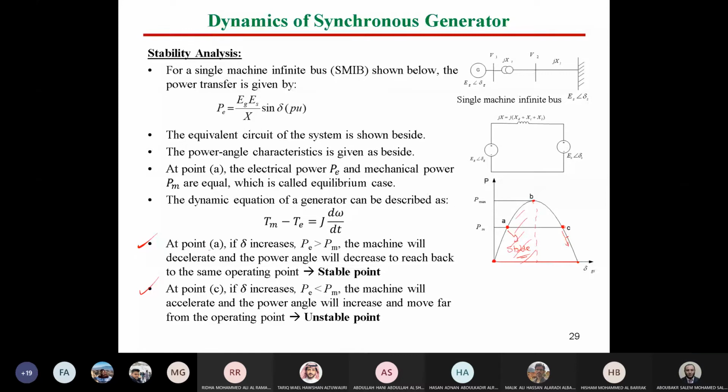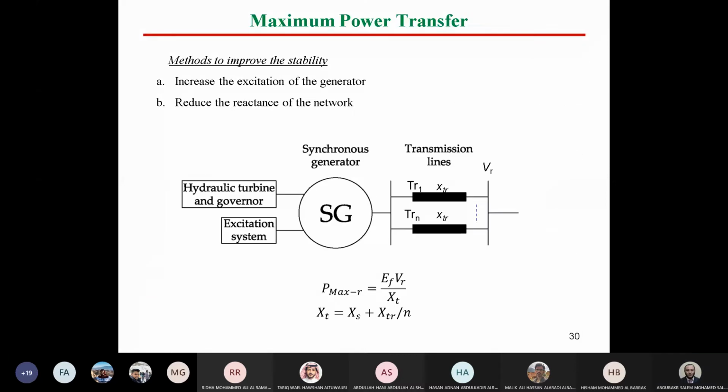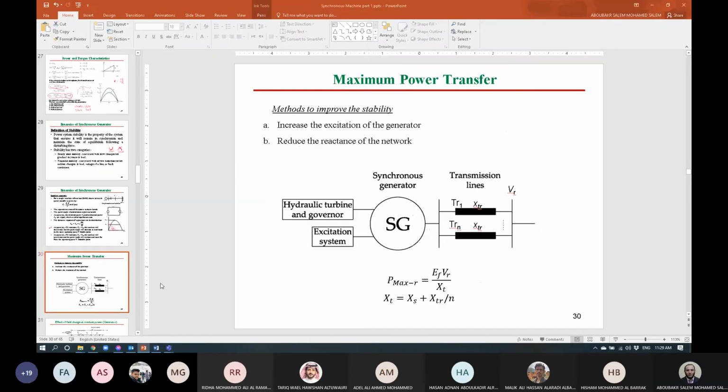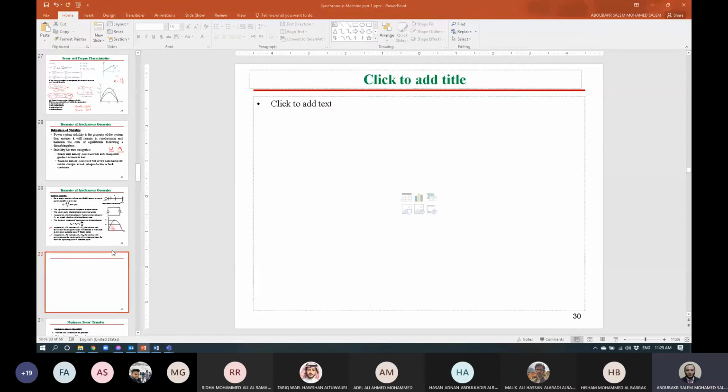Okay. Doctor, please. The power angle, it can be controlled. We have to control the power angle according to the definition now, Shabab. Let me give you an example before discussing how to increase the stability.